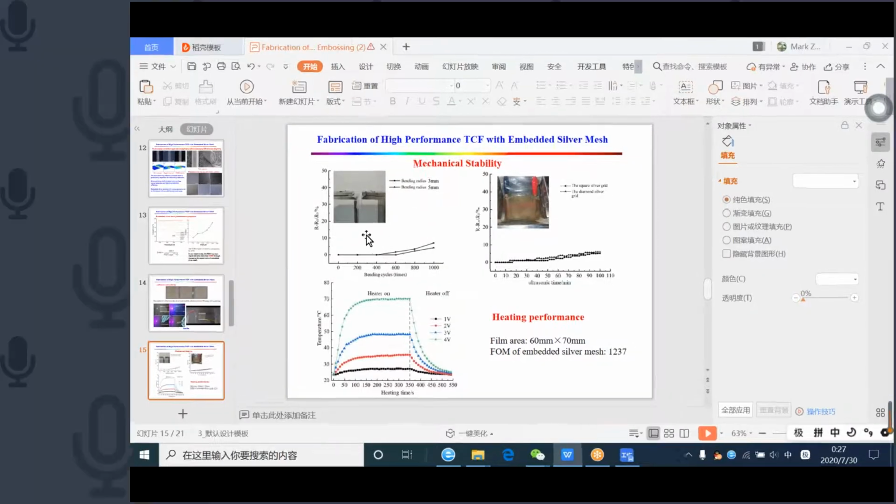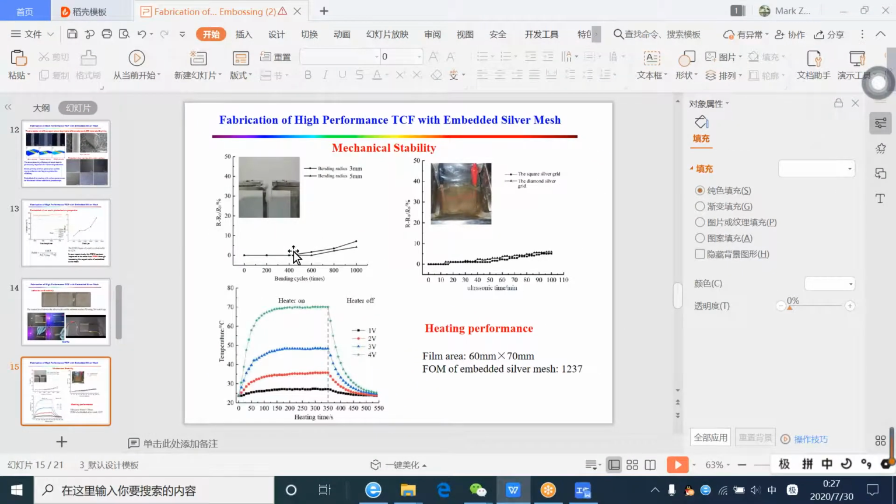You can look at this picture. The change rate of the resistance was less than 8% when the silver mesh was in the ultrasonic environment.